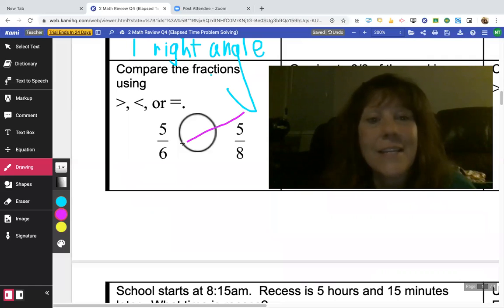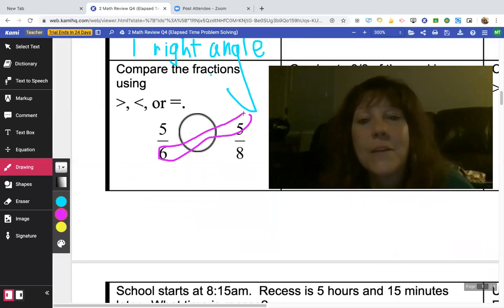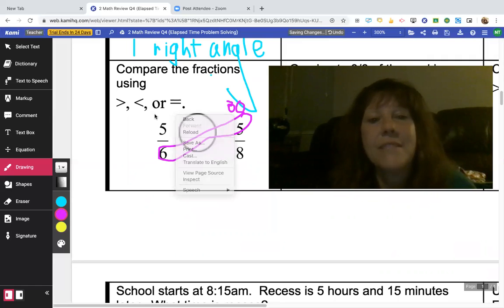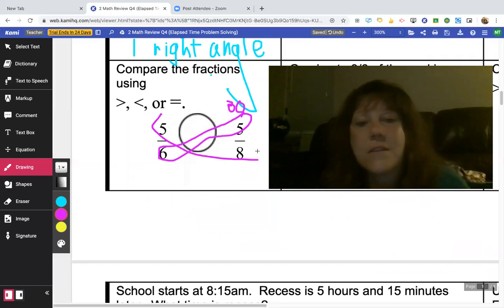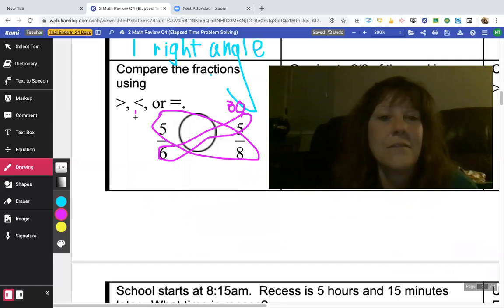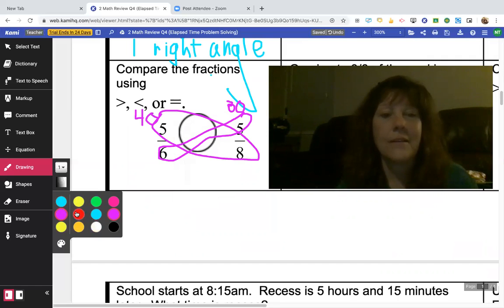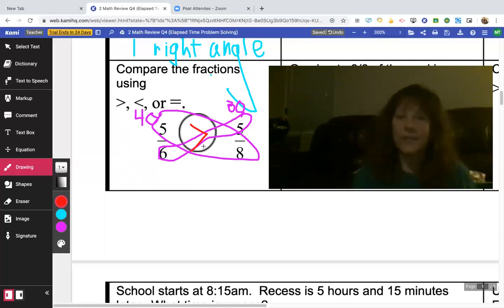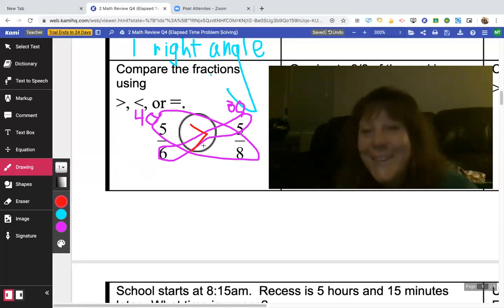But the trick that I taught you, the butterfly: 6 times 5 is 30. And 5 times 8 is 40. So what is bigger, 40 or 30? 40 is bigger. So 40 is greater than 30. So 5/6 is greater than 5/8.